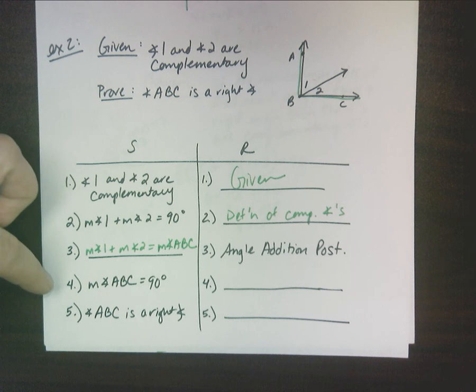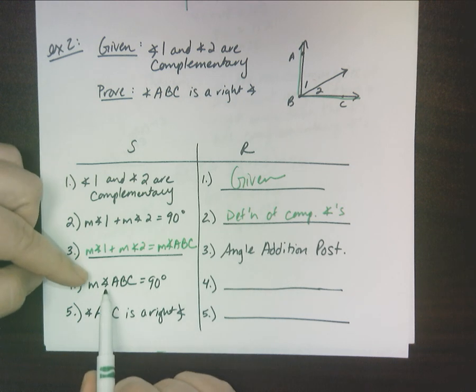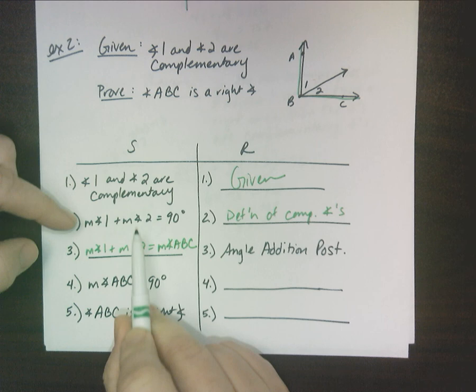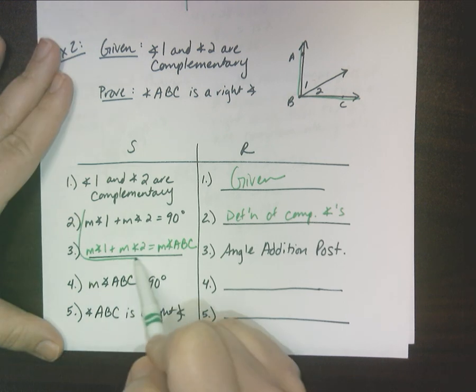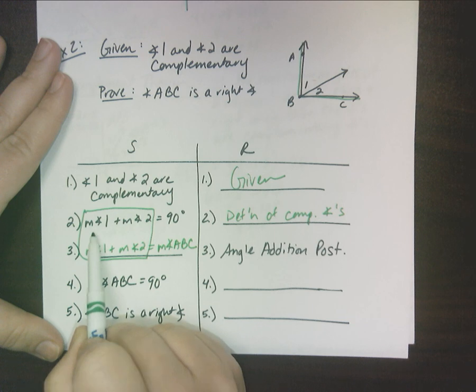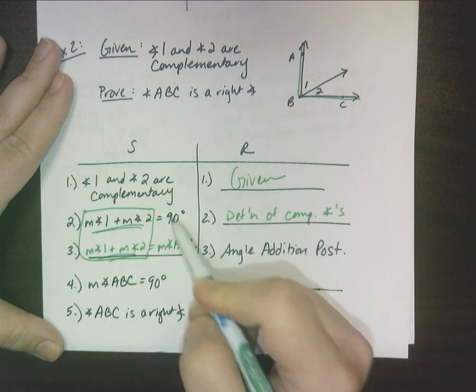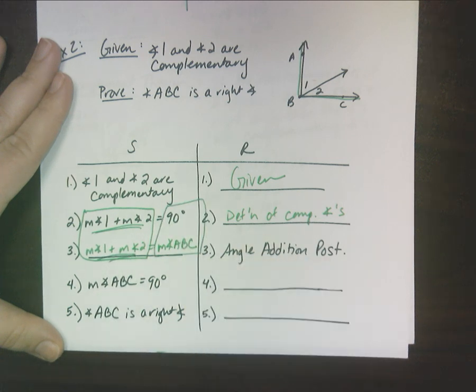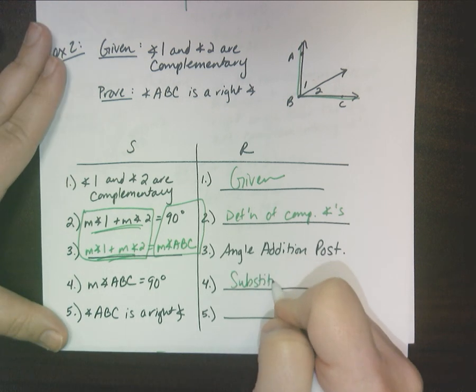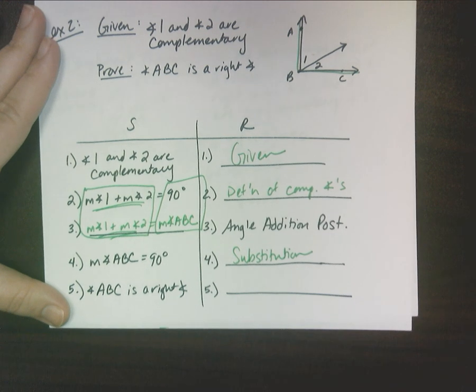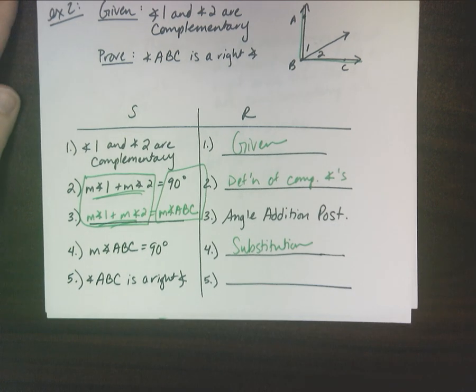All right, now to statement 4. Why am I allowed to say that angle ABC is equal to 90 based off of what's above it? Aren't those the same thing? And aren't I allowed to then say that these two are equal to each other? So I'm just substituting. A substitution property there.